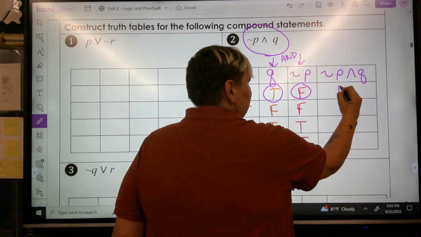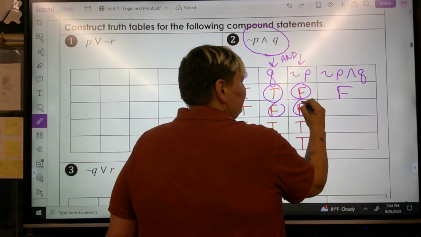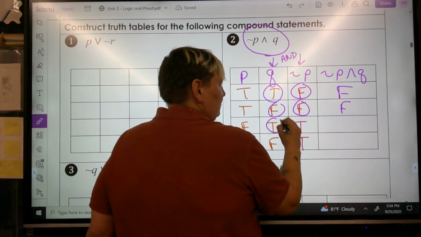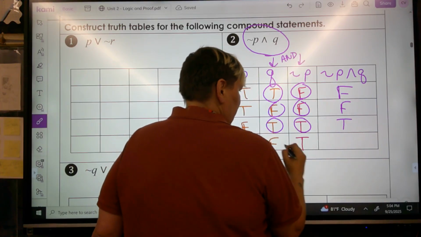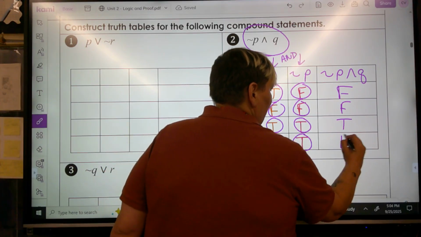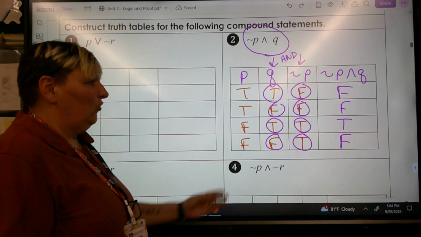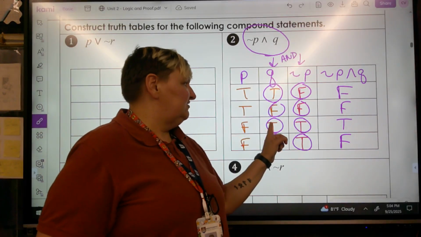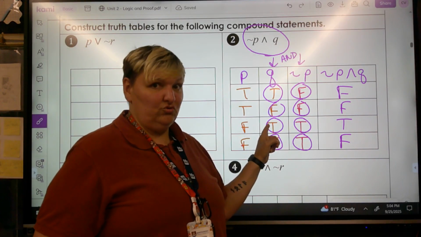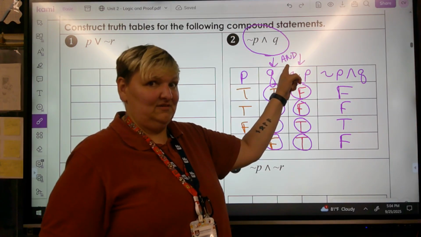True, false, false. False, false, false. True, true, true. False, true, false. In order for it to be true, they both have to be true because it's an and statement.